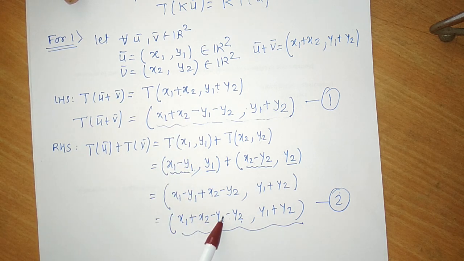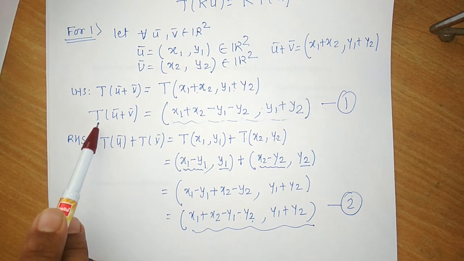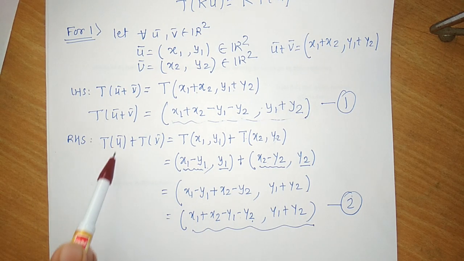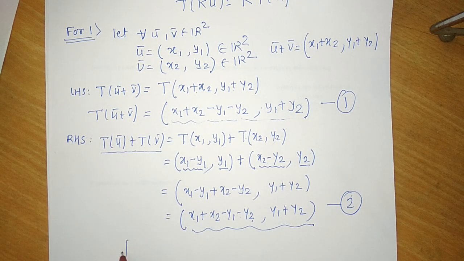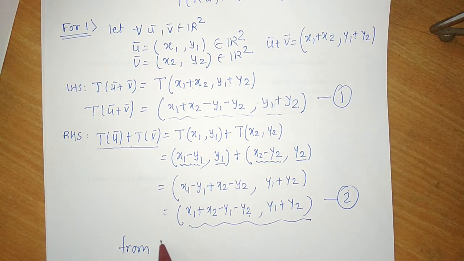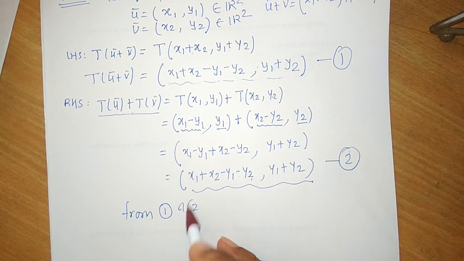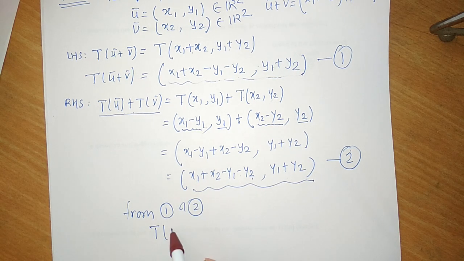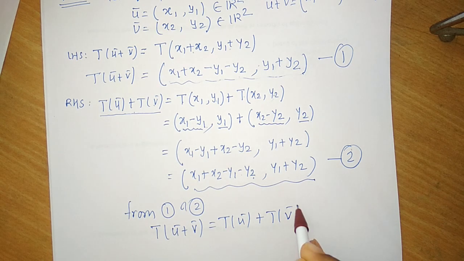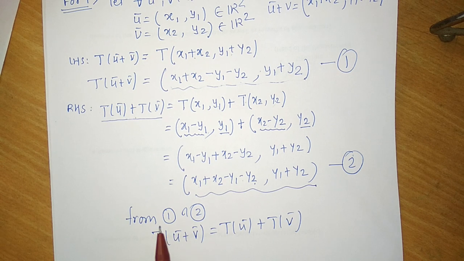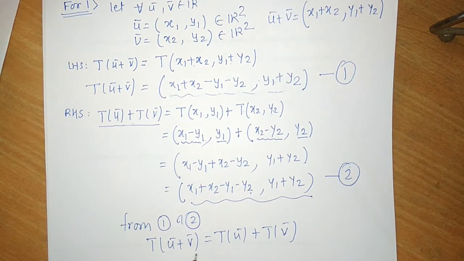If the two vectors are the same, then their left sides, T of u bar plus v bar and T of u bar plus T of v bar, are the same. Therefore, from 1 and 2 we write T of u bar plus v bar is equal to separate images, T of u bar plus T of v bar. So in this way, the first condition is satisfied here.